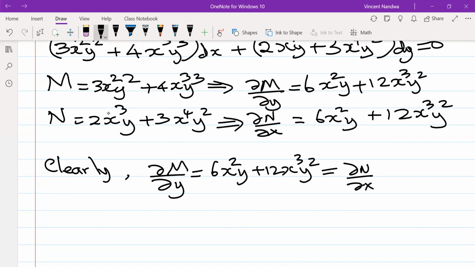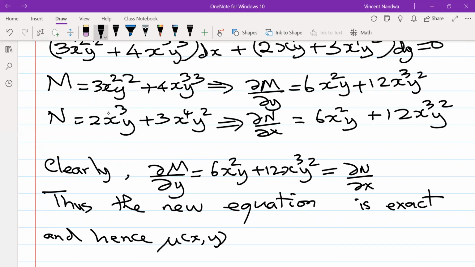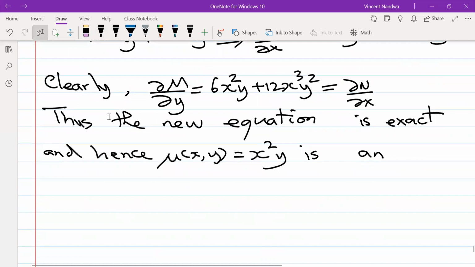So now the equation becomes exact. So this given function that made the equation exact is now an integrating factor.